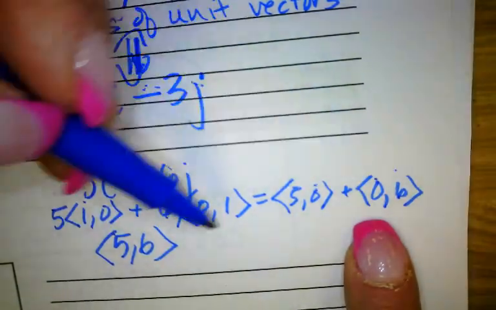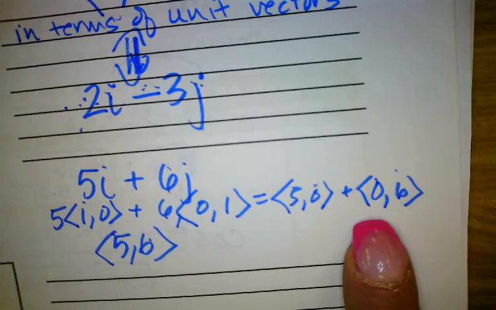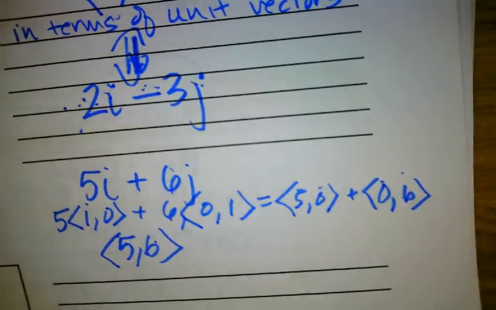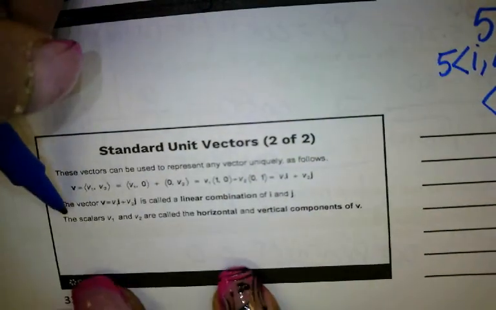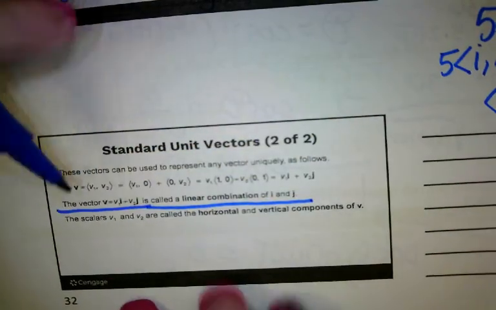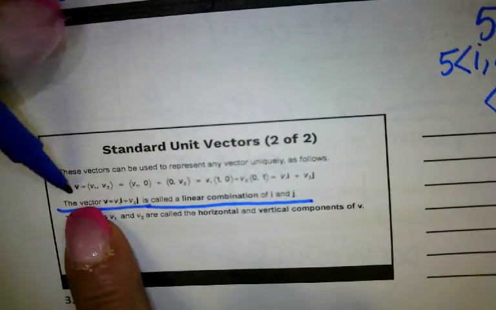They'll also refer to this as a linear combination of i and j. Rewriting a vector in terms of unit vectors is called writing it as a linear combination of i and j.